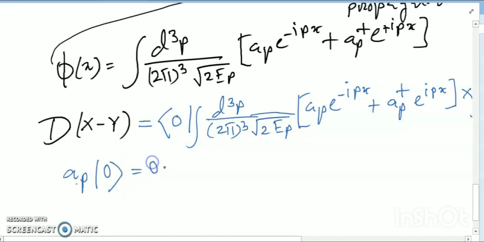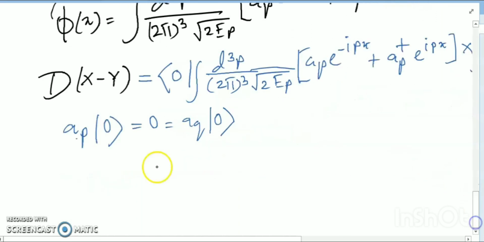We also know you can basically take the complex conjugate here. So the bra 0 acting on a_q dagger equals 0, and the bra 0 a_p dagger equals 0.